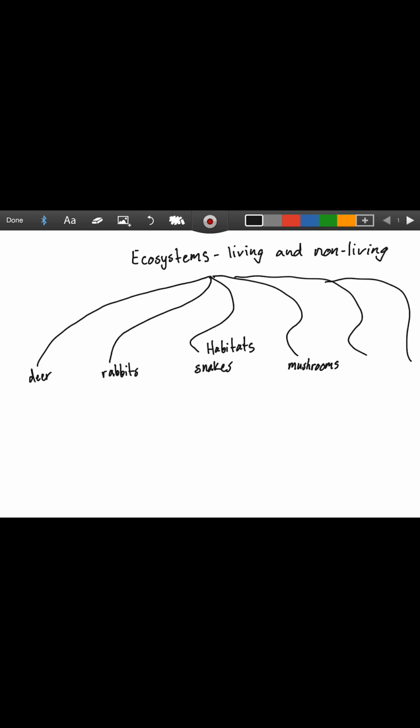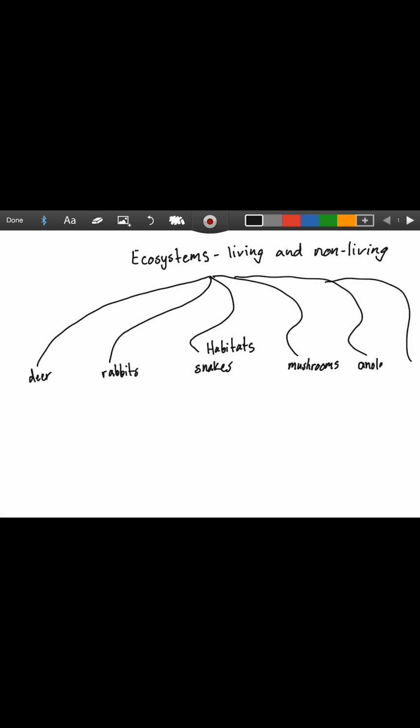Mushrooms, let me see, anoles. Ooh, I don't know if you can read that. Let me erase that. Okay, anoles are... I know I said anoles a little while ago.